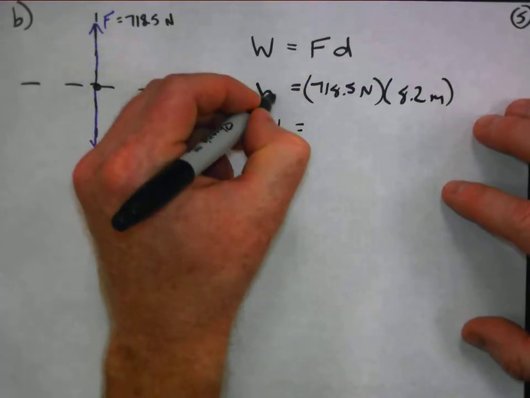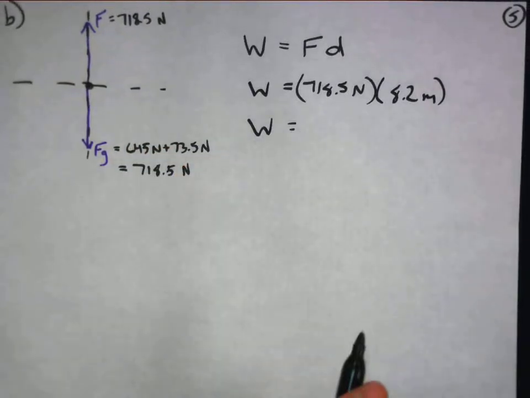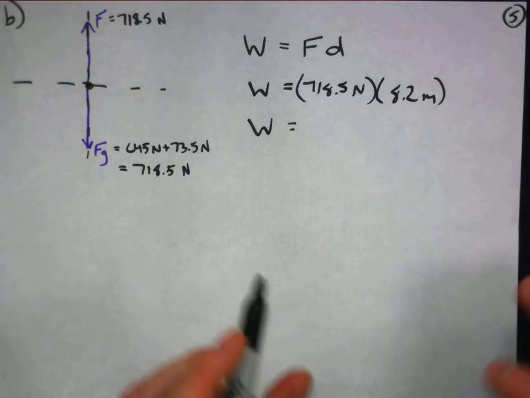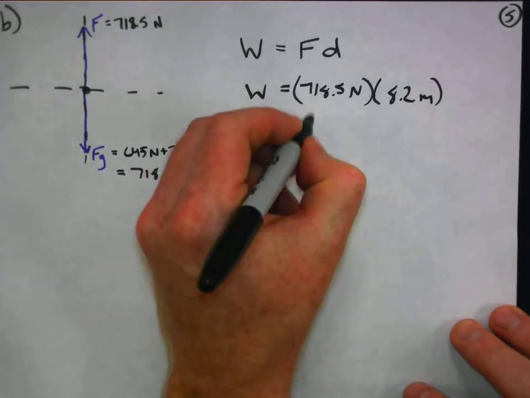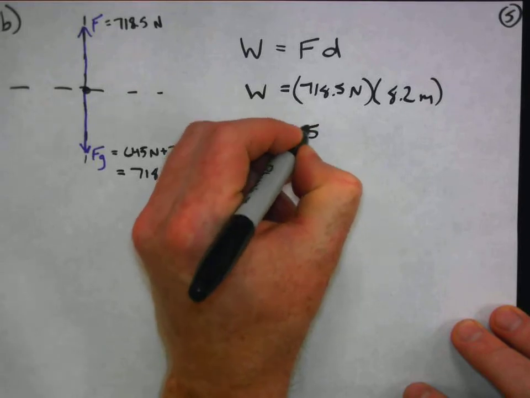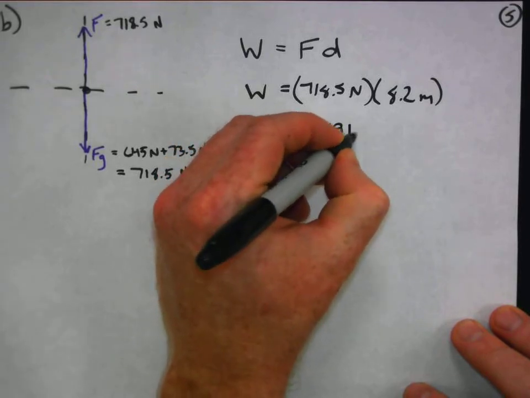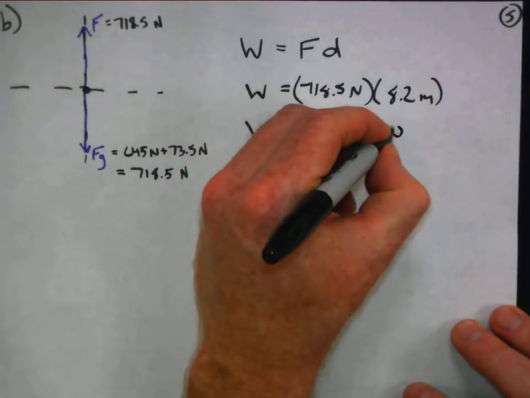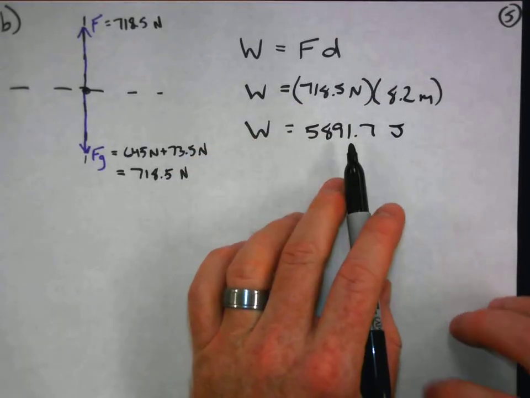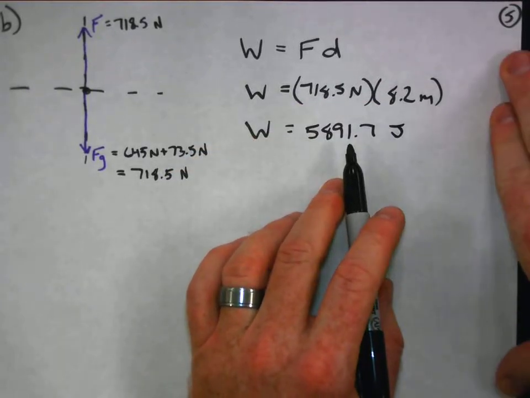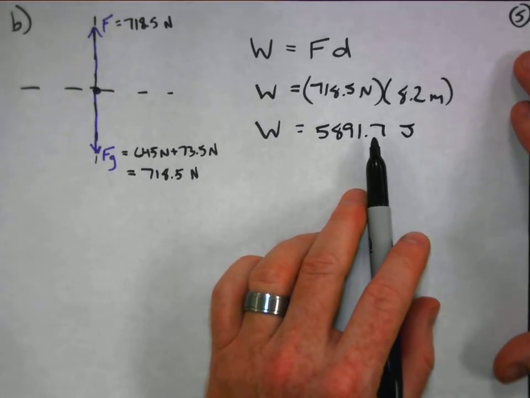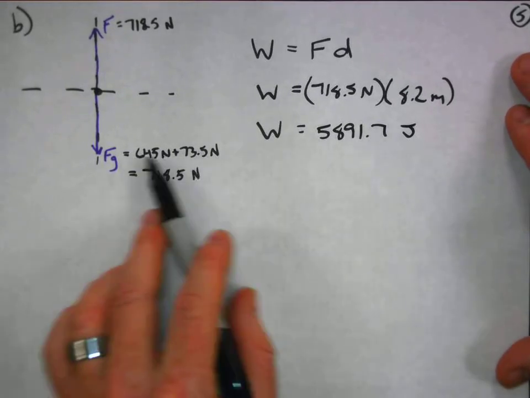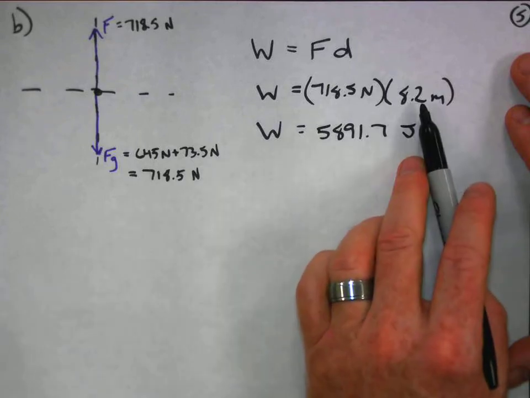So the work done, I'll fill that in for you. The work done is your force times your distance, and that is 5,891.7 joules. Okay, so here's the issue. The numbers in the problem with the least number of significant figures are the ones with 3 sig figs, and the one with 2 sig figs.